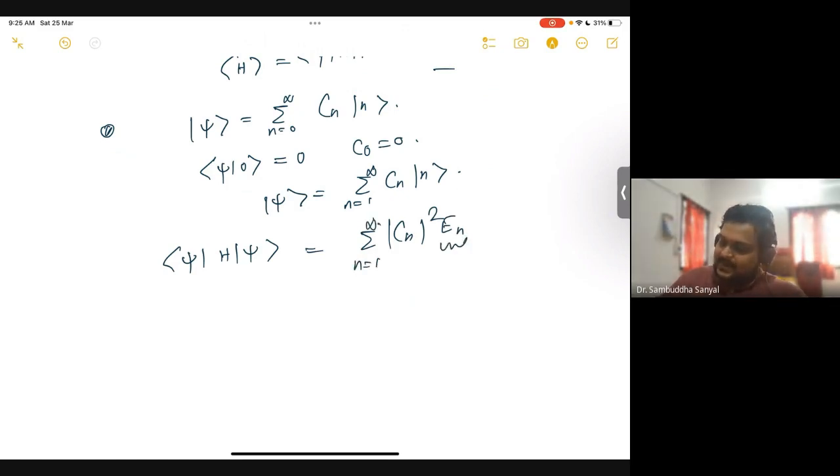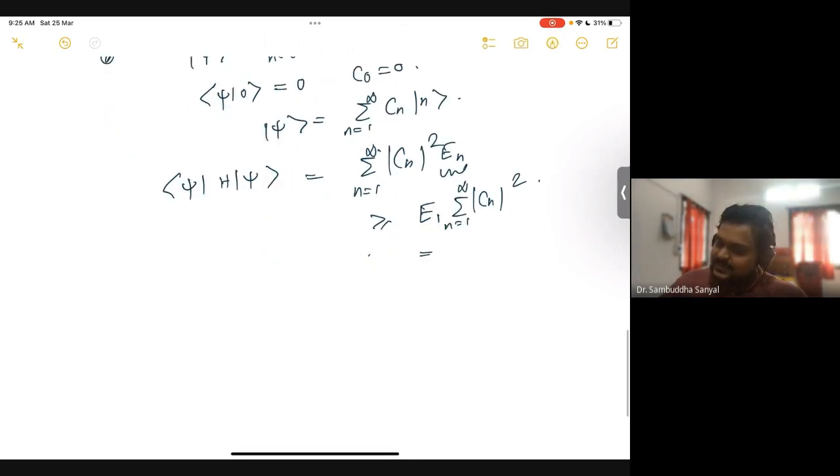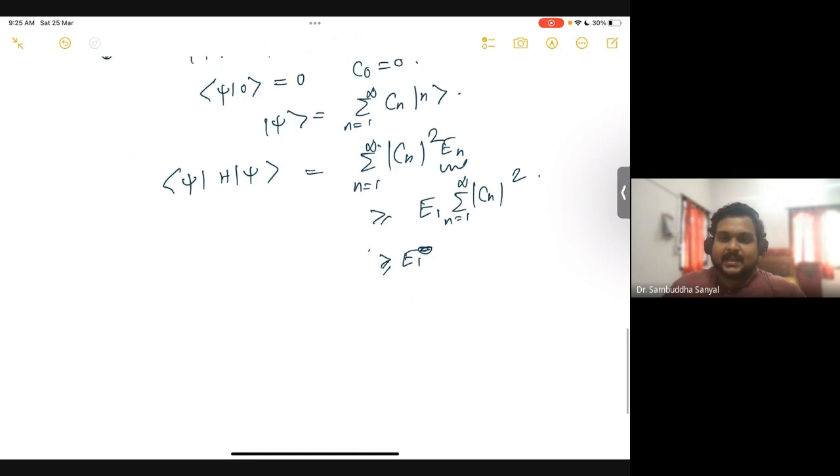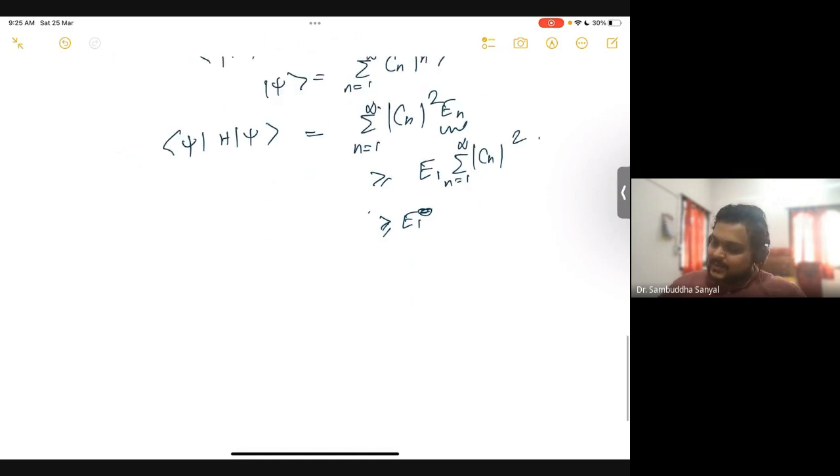If I replace En by E1, then definitely it is greater than that, because all the other states are higher energy, with n from 1 to infinity of Cn square. So this thing is also definitely greater than or equal to E1. Okay, there is a catch here.